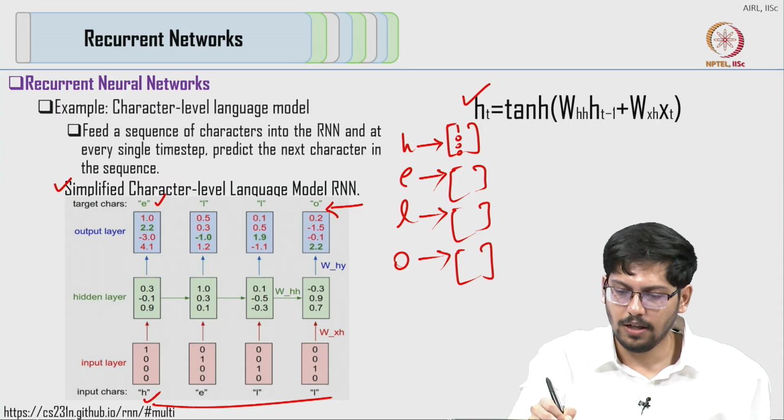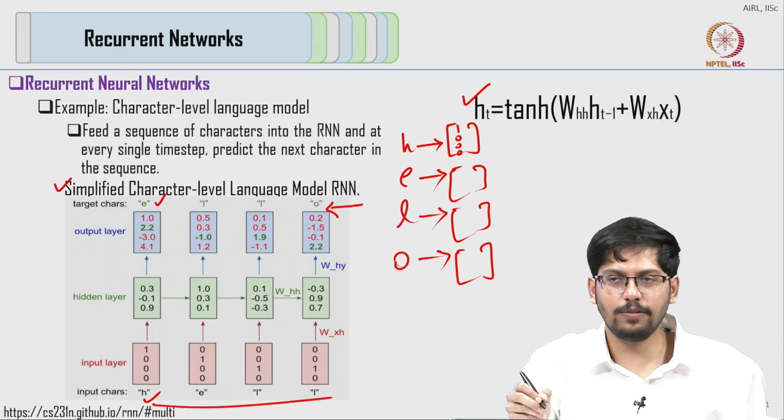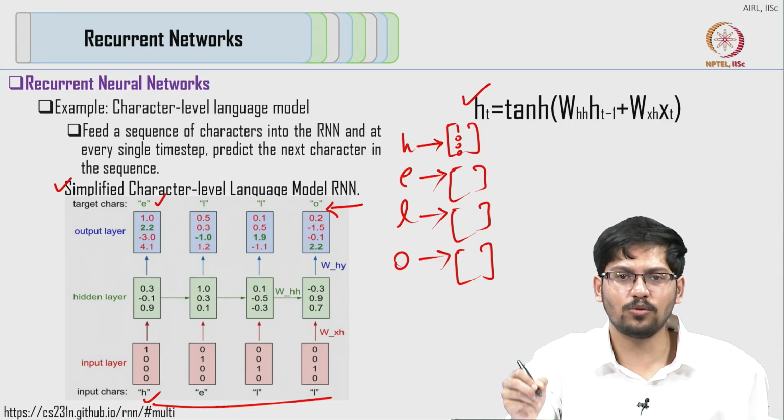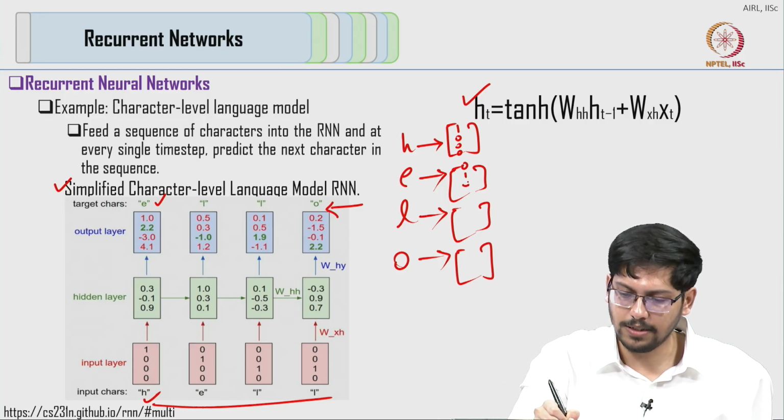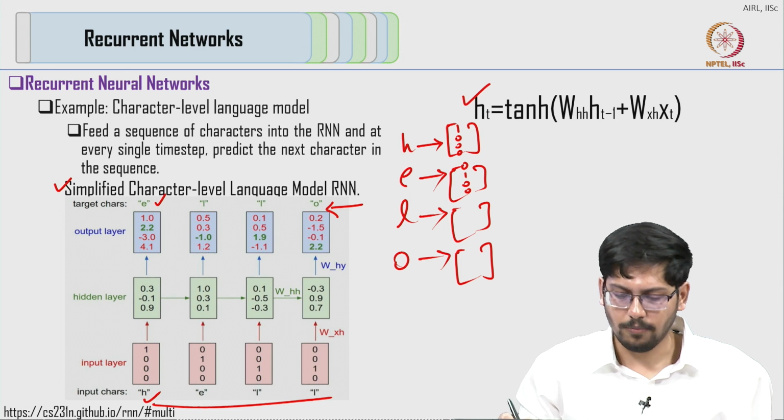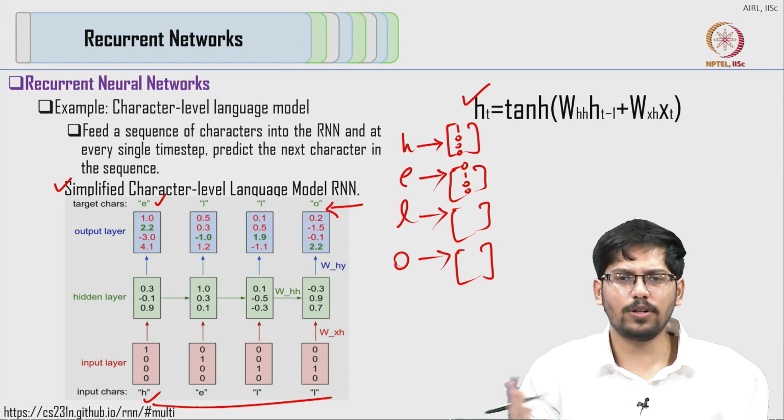So if we have a vector where we want to highlight h, we can write it as 1 0 0 0. Similarly e could be represented as 0 1 0 0, and similarly for l and for o. Now this is just an encoding for simplicity.